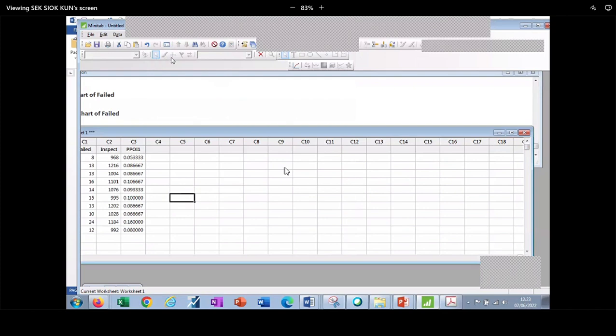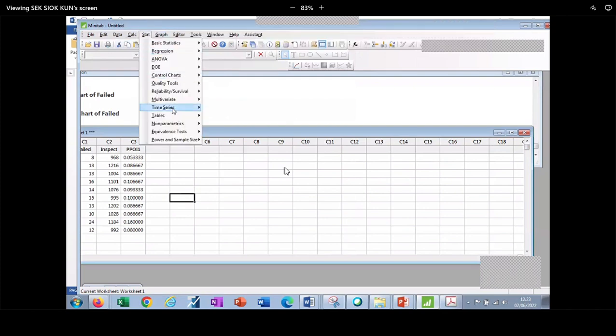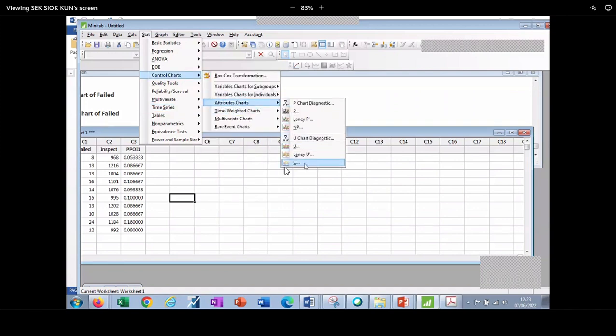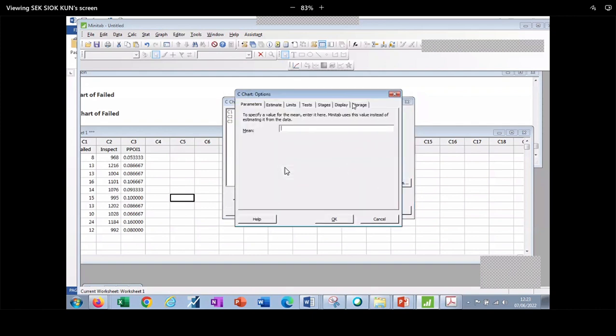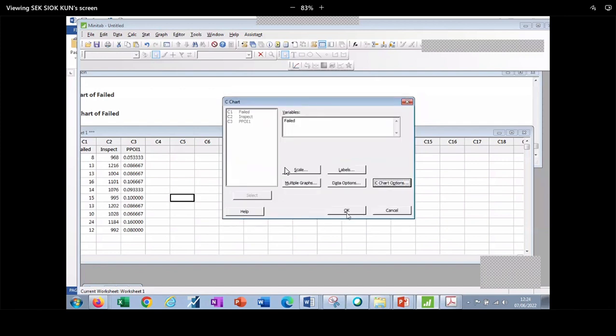Then I can do the C chart. For the C chart, n equals 1, so it does not provide the option to enter the sample size here. It's understood. The C chart options are also very similar, so you can try different types of test. Let's say I select all.